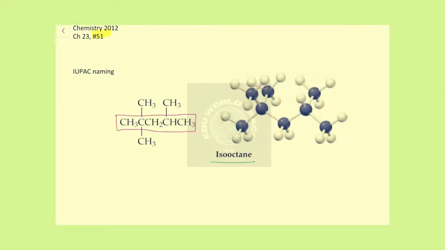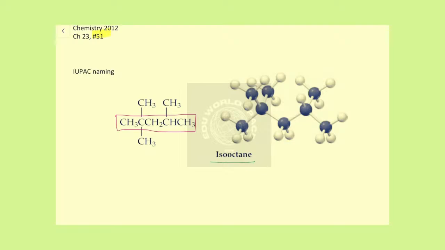Okay, so I'm going to number from the left and then from the right, and let's see where we hit our first branch point. We got 1, 2, 3, 4, 5, and then from the right we got 1, 2, 3, 4, and 5. So it looks like either way we're going to hit our first branch point on carbon number 2.